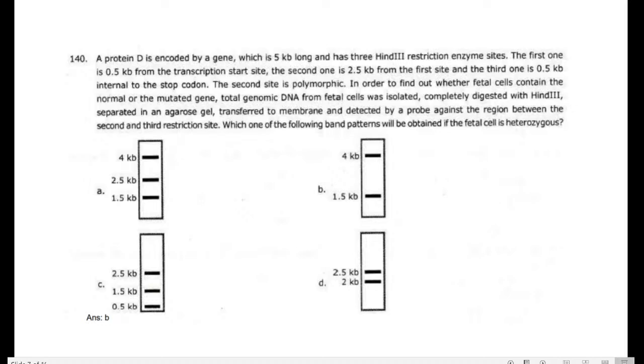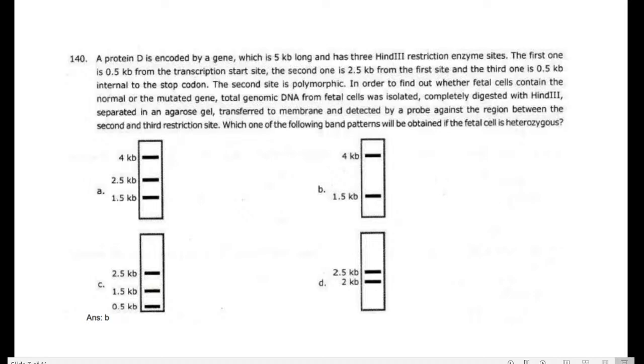After this 2 kb, they mentioned the polymorphic nature. In this restriction at 2.5 kb, the remaining 0.5 is the third one. So this also we want to remove from the first direction. Imagine the first 5 kb sequence, and HindIII cuts at the 2.5 region, away from the 0.5. So that is totally 3 kb.